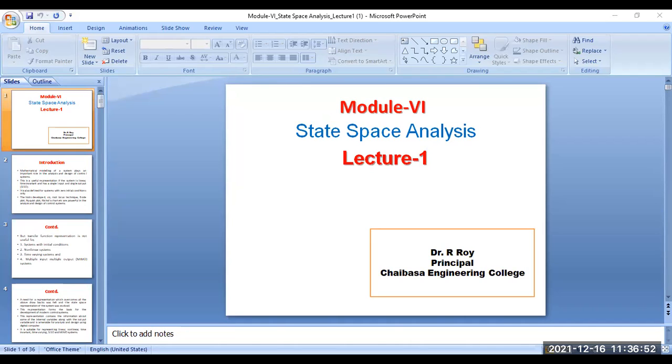So every block diagram, after any block, there is a particular variable. Those variables will have some input and some output. Let me draw something on the board so you can understand. Just a minute, let me connect my board.